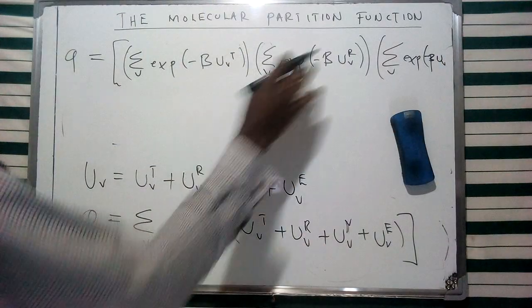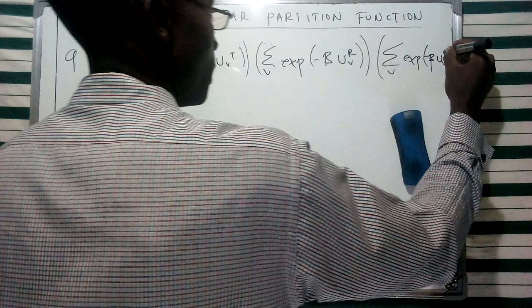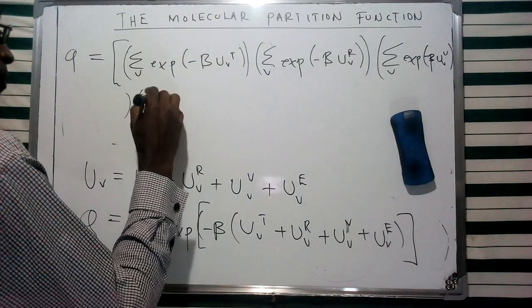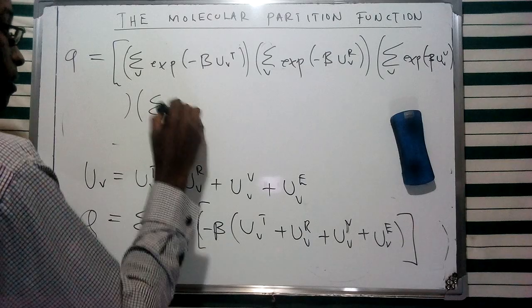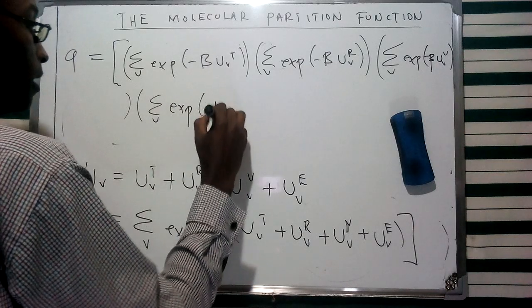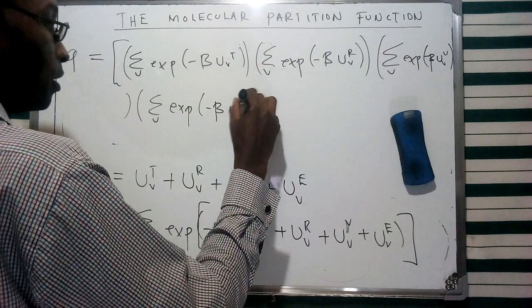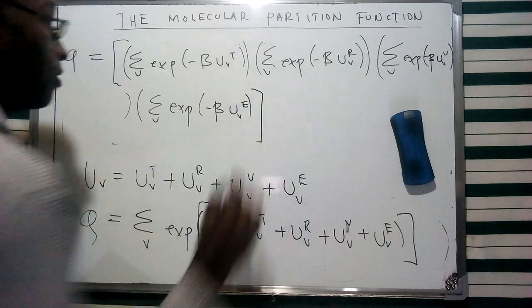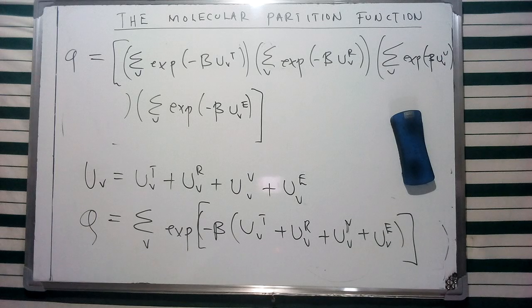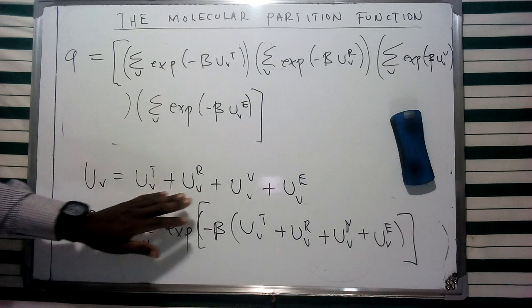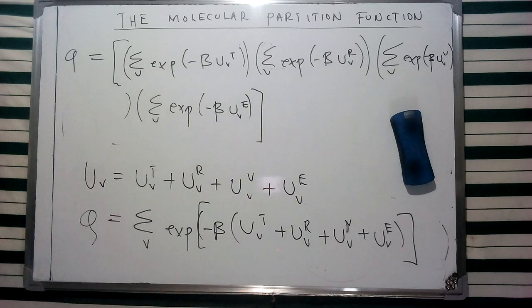So we have had translation and rotation, so we're going to have vibration, and then we're going to have this one given in terms of the summation of the exponent of the negative energy due to electronic, given as such. That's going to form a range of energies which we can describe in terms of independent states for translation, rotation, vibration, and electronic.